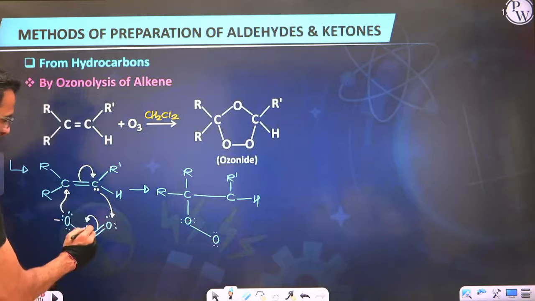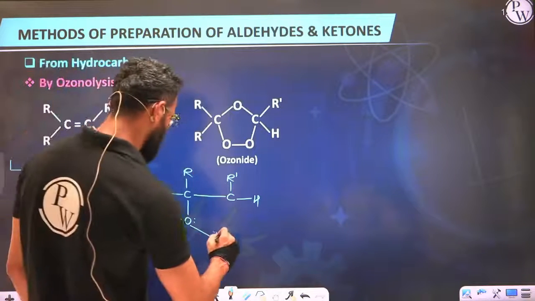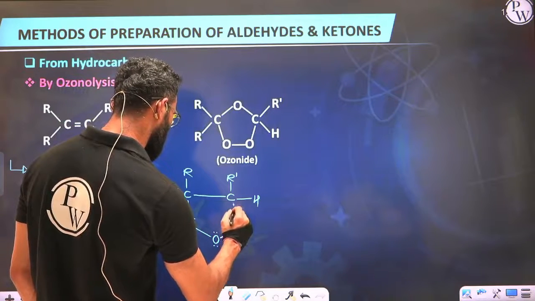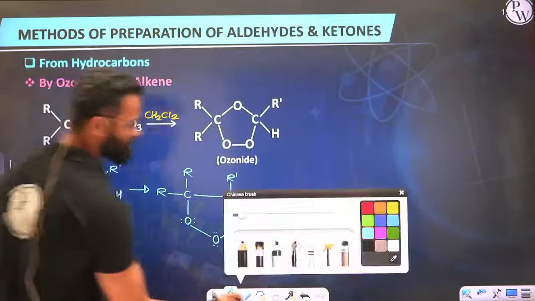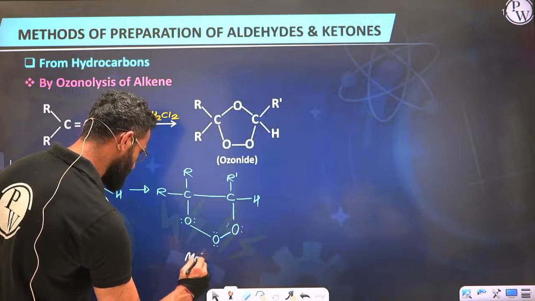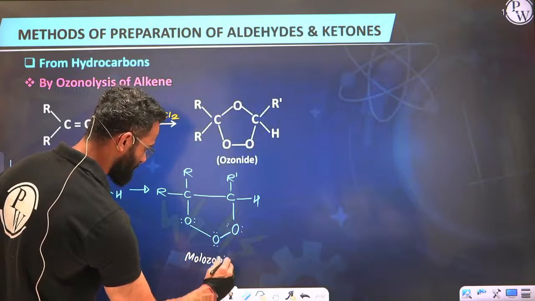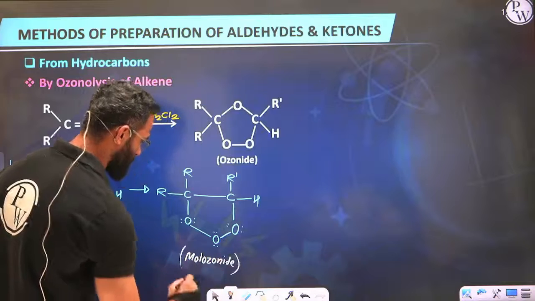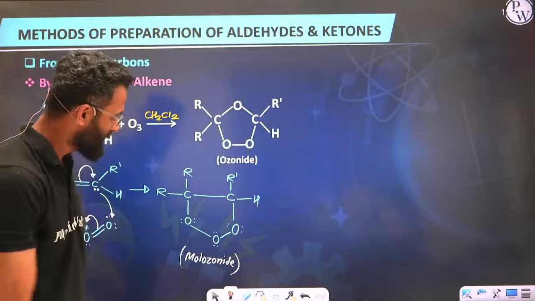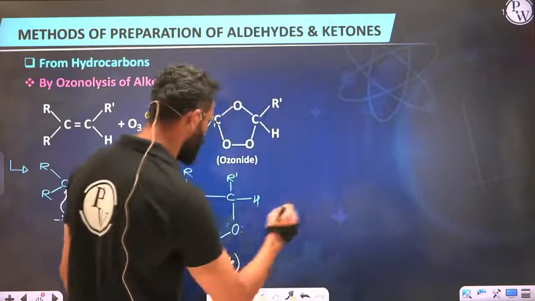One was already there, the pi bond came to neutralize the positive charge so we got one more lone pair, and bonded to yet another oxygen which is also carrying 2 lone pairs, bonded to carbon. This is what we refer to as molozonide. This molozonide, being unstable, itself decomposes to form ozonide.